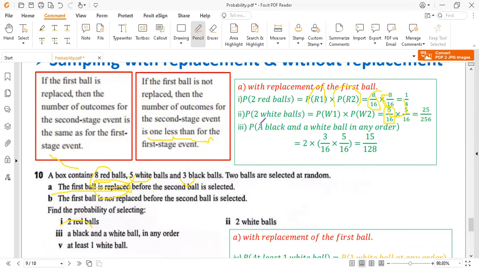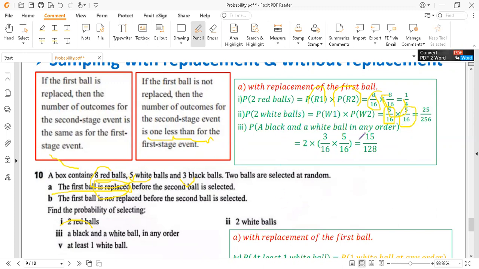In the second stage, because we replaced the white one that we have chosen, we again have 5 white balls. So the probability again is 5 over 16.